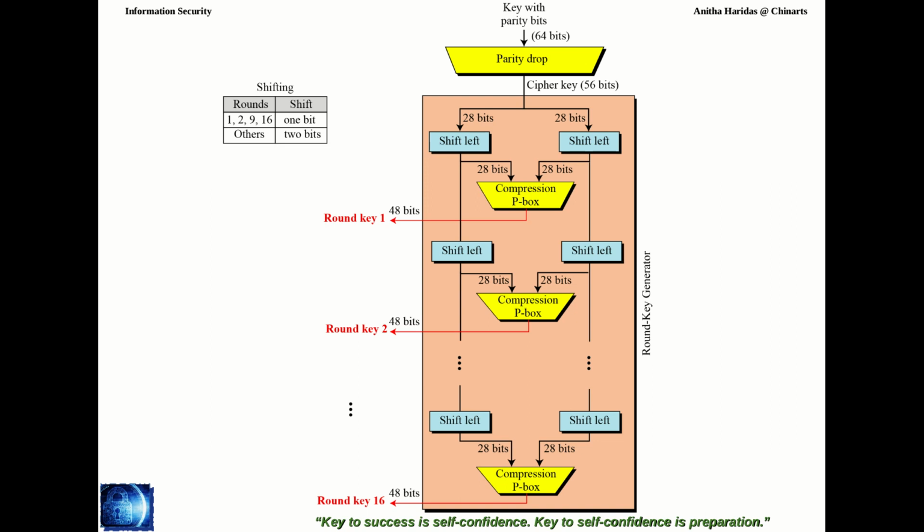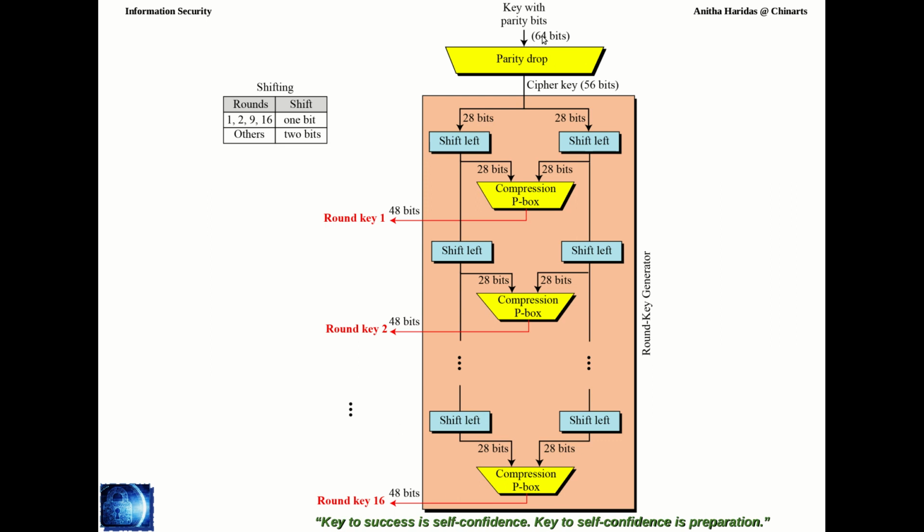The cipher key is normally given as a 64-bit key, and the extra 8 bits will be dropped by the parity dropper, because these 8 extra bits are the parity bits, and these parity bits will be dropped before it is given to the actual key generation process. So that is what is depicted in this particular diagram.